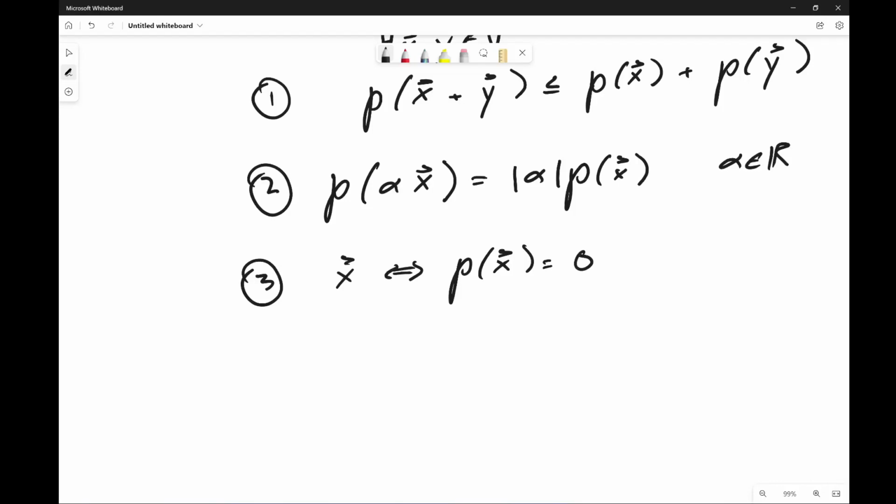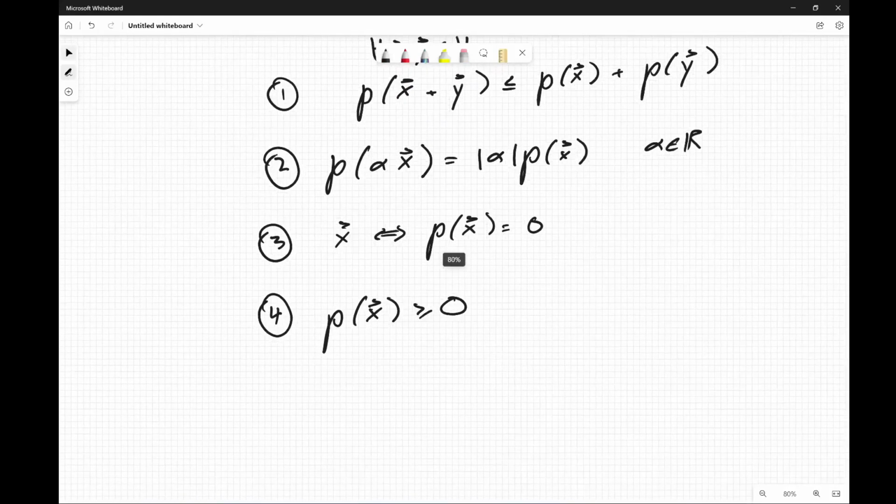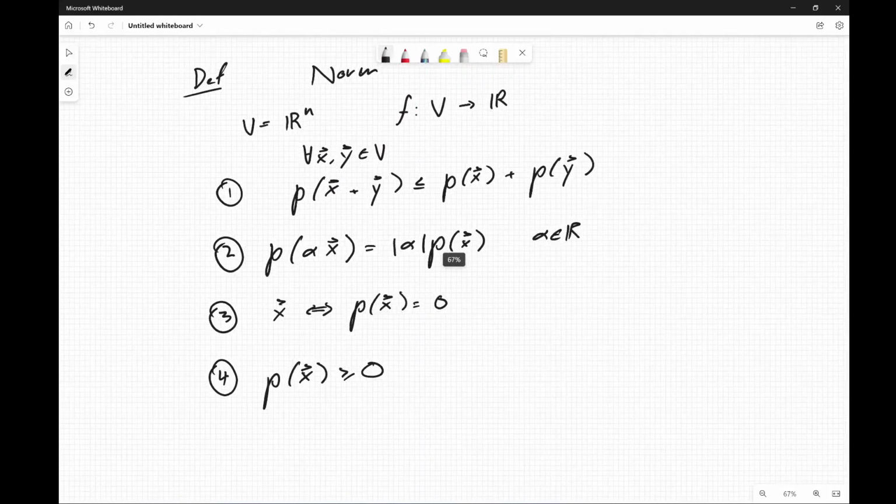So it's if and only if x is 0, then P of x is equal to 0. Again, P is just representing the norm. Then we have P of x is greater than or equal to 0 for all x in this space.